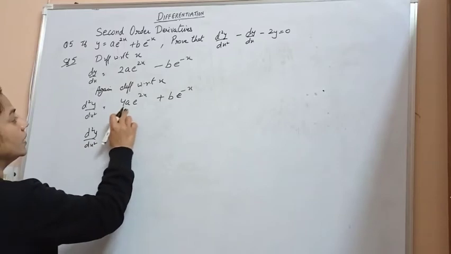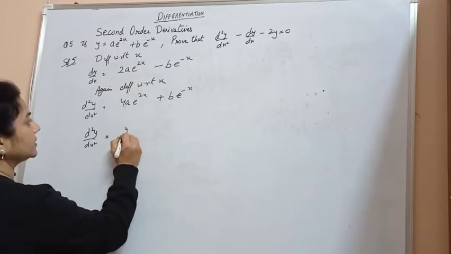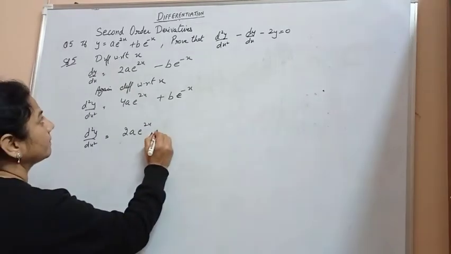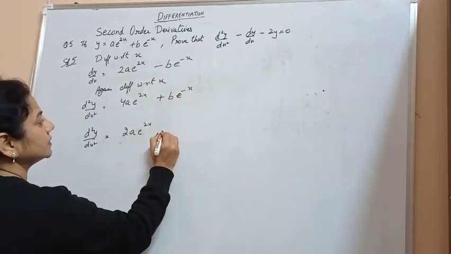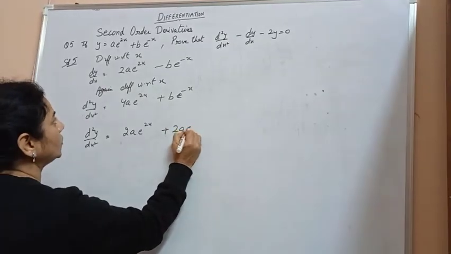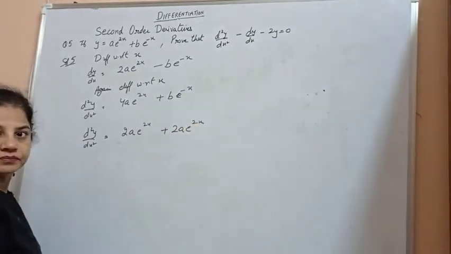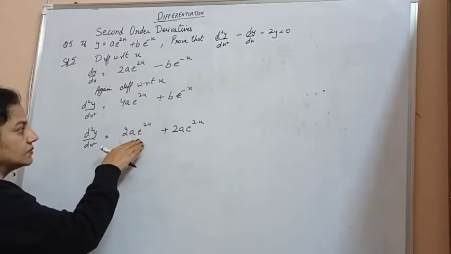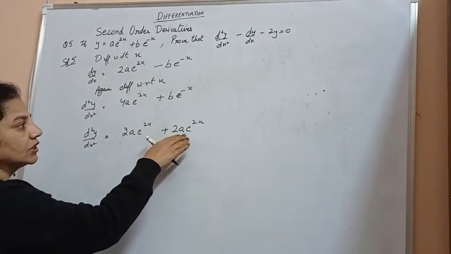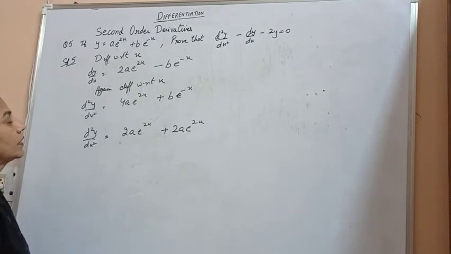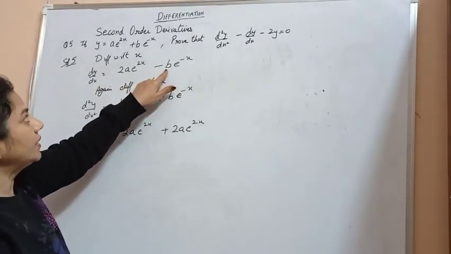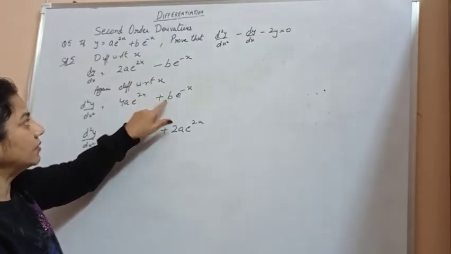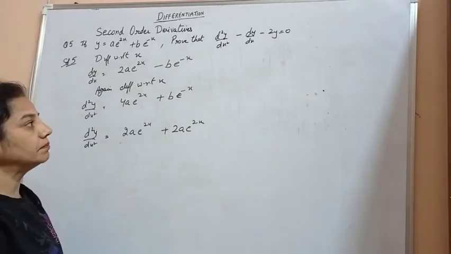My requirement is 2a e to the power 2x plus 2a e to the power 2x. 4a e to the power 2x I can write as 2 times a e to the power 2x plus 2 times a e to the power 2x. For first derivative I required minus b e to the power minus x, and here I am having plus b e to the power minus x.